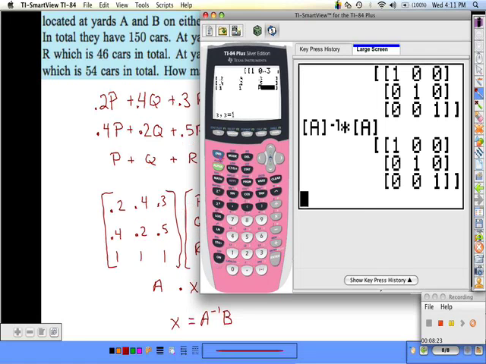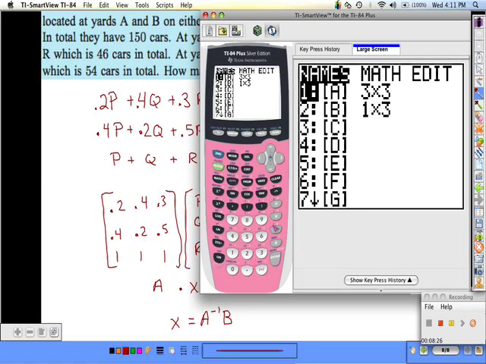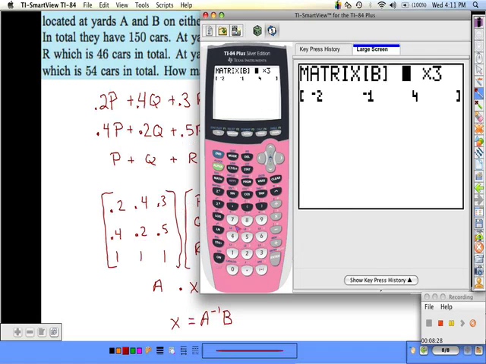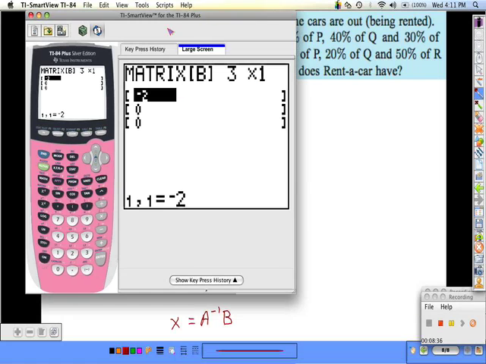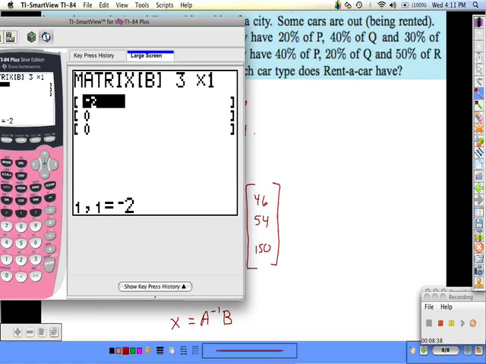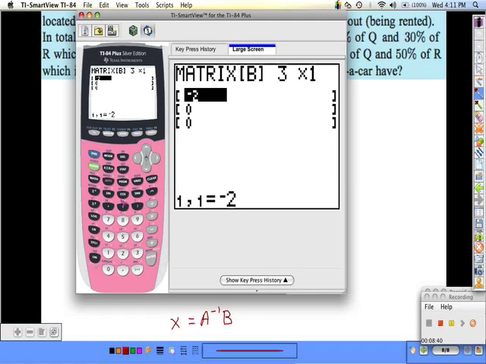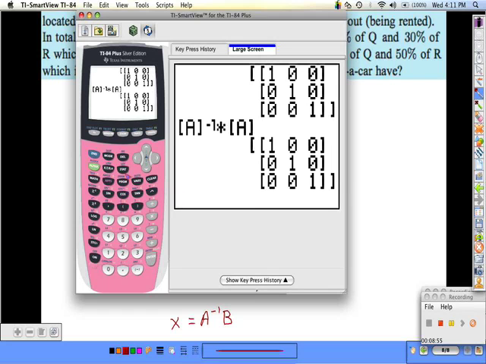Now I'm going to quit, and I'm going to edit matrix B. This is a 3 by 1. 46, 54, 150. And it doesn't really matter what order you wrote these equations down in, as long as you stay consistent in these matrices. Now to solve this, it's going to be A inverse times B.